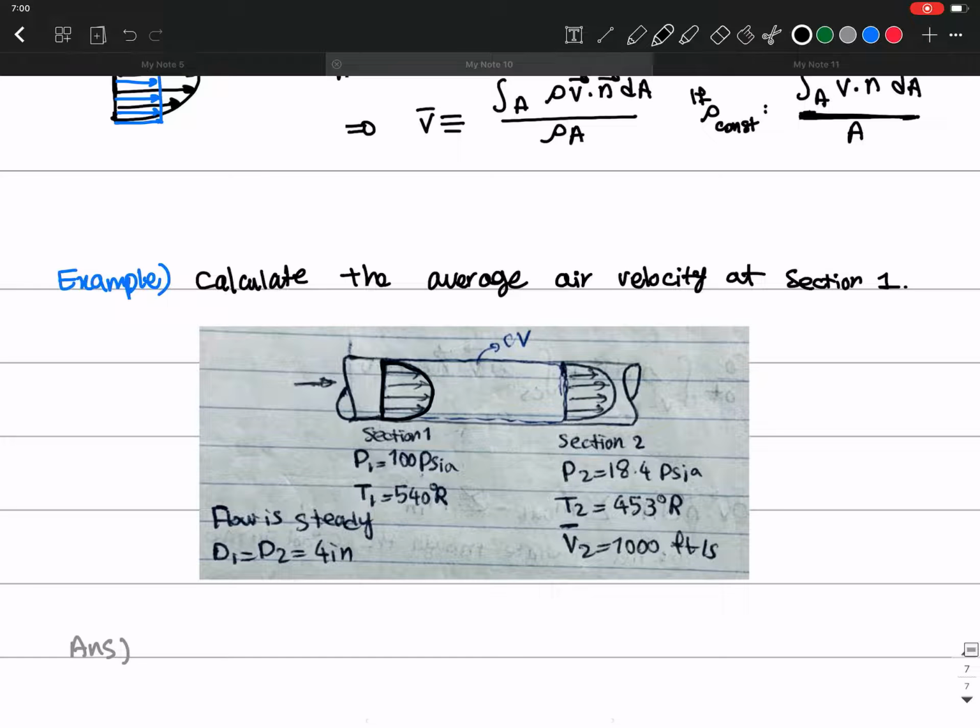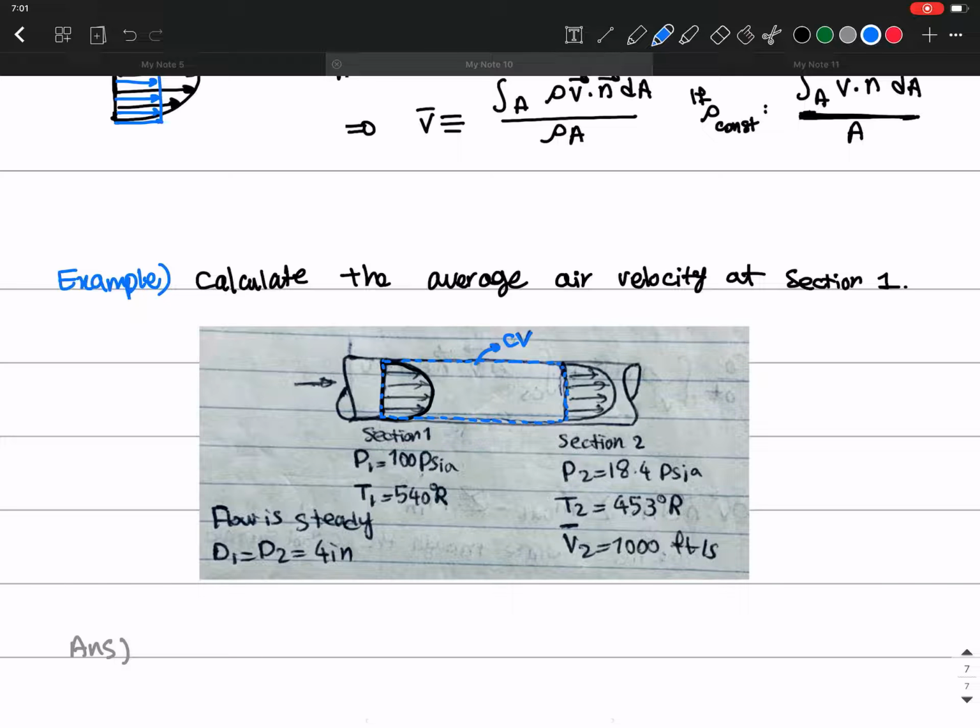So first of all, we have to select the control volume here. This control volume was not given and I just added it here. So you select the control volume, which is a fixed control volume in space. This is the first thing you do in this type of fluid problems.